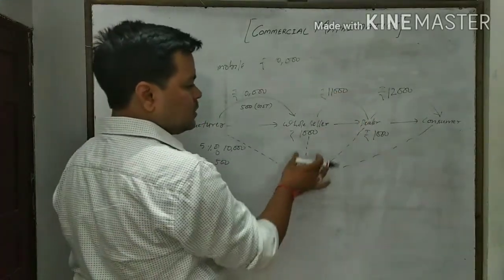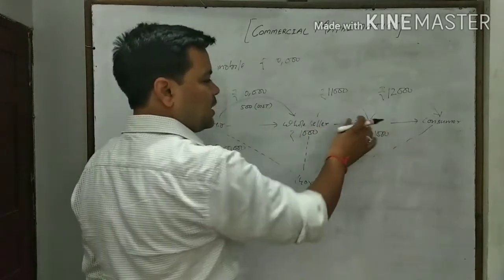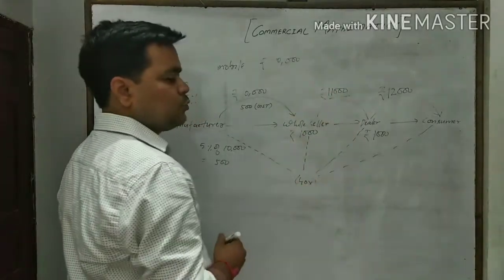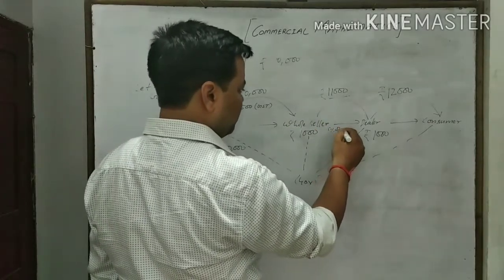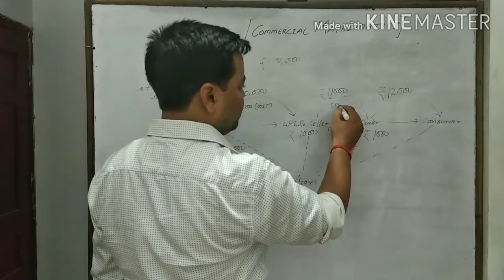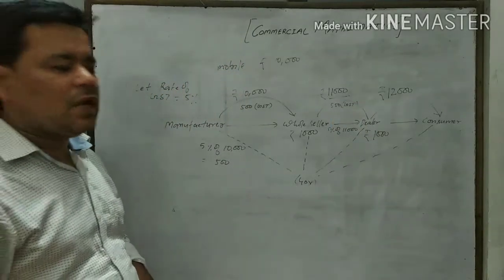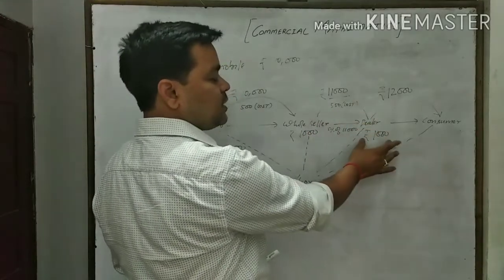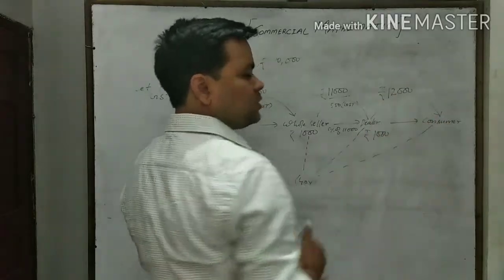It means the wholesaler collects GST from the dealer at 5% of 11,000, and it will be 550 rupees as GST. Similarly, the dealer also takes 1,000 rupees, then gives to the consumer at 12,000 rupees.